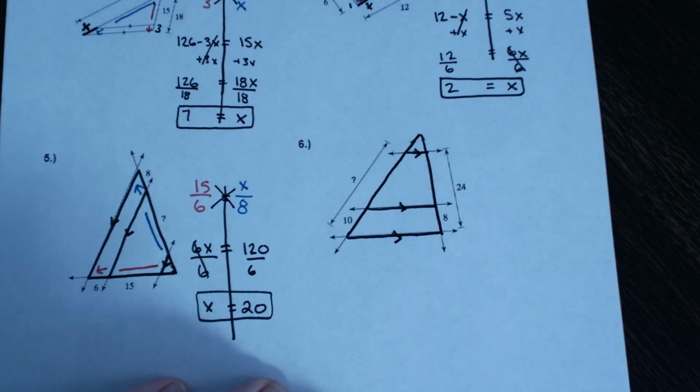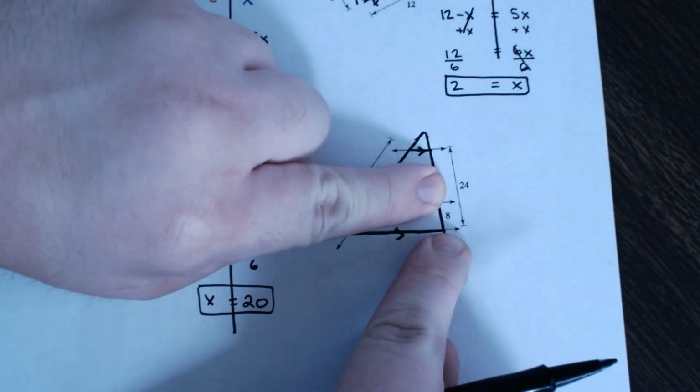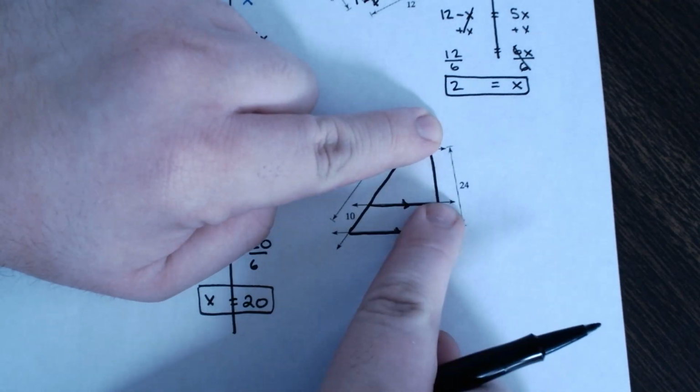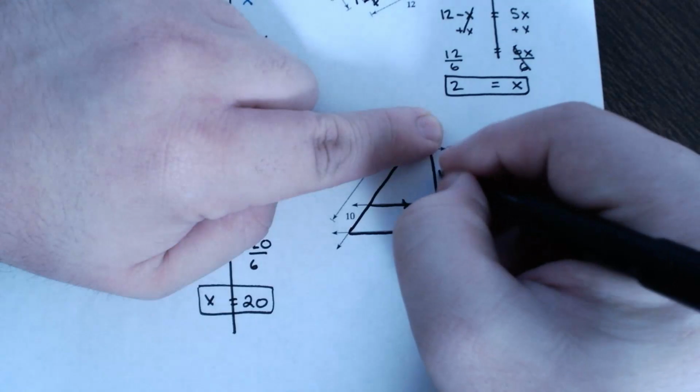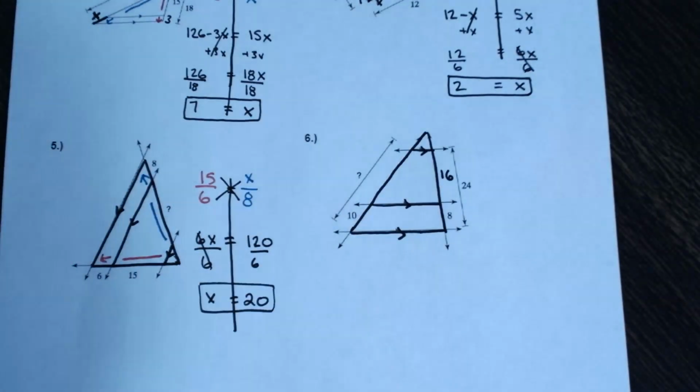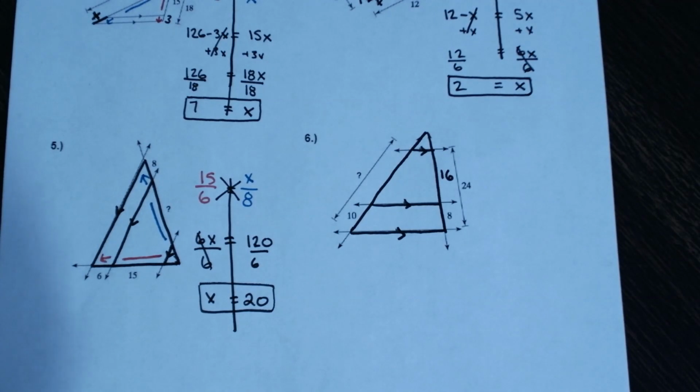Okay. If this much of that piece is 8, and all of this is 24, how much is this? 16. Hey, do you notice a relationship between 8 and 16? They double. Hey, it's doubled.